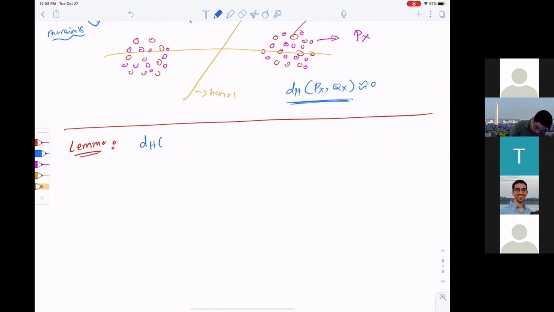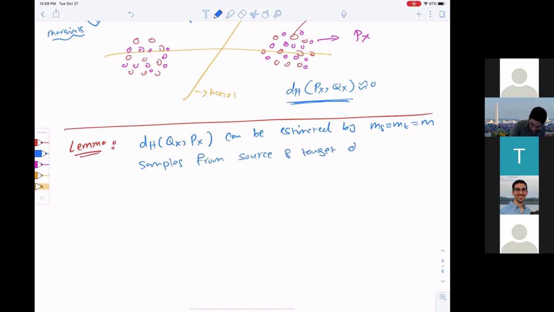The H divergence D_H can be estimated by, let's say, M samples from the source and target domains.